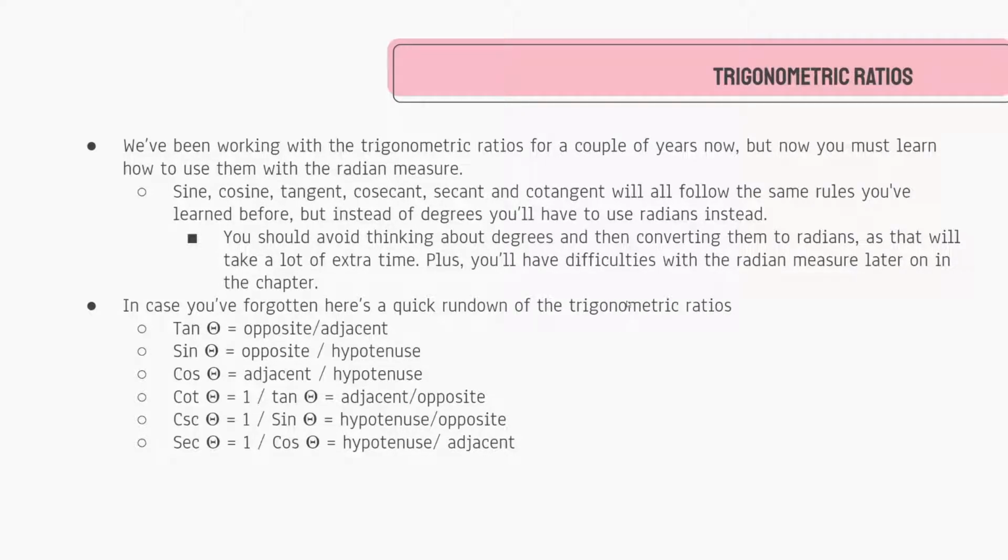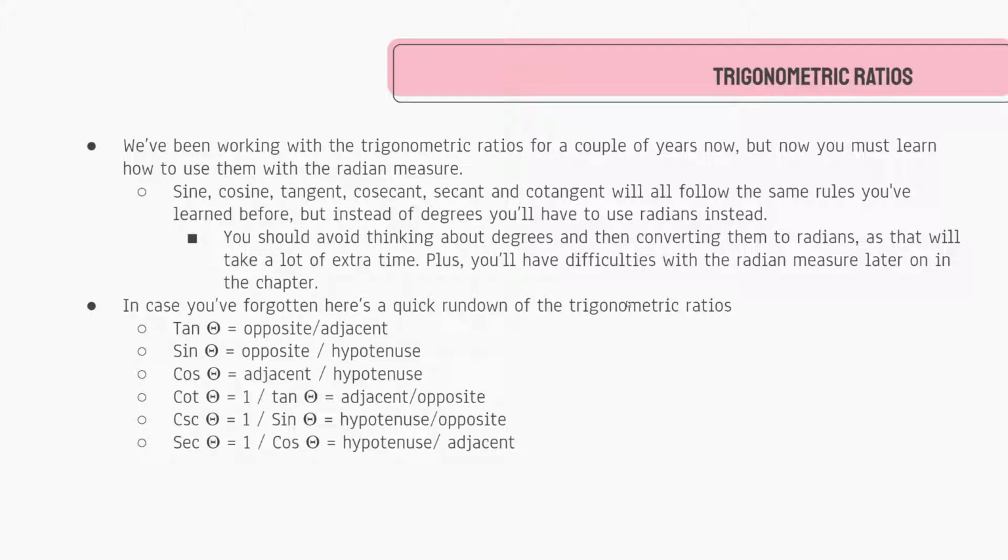You might remember SOHCAHTOA. That's exactly what it is. We know that tan theta is equal to the opposite over adjacent. Sine theta is opposite over the hypotenuse. Cosine theta is equal to the adjacent over the hypotenuse. And then our inverse trigonometric ratios are equal to the following.